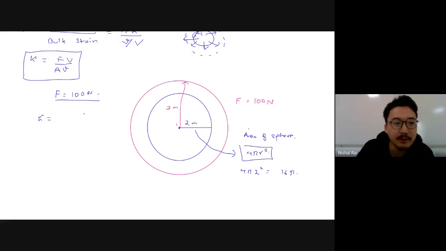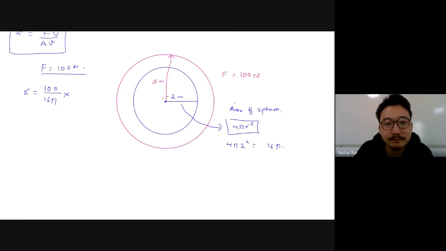So your pressure will be, force is 100 Newton, area is 16 pi, and what is your volume? Volume is 4 by 3 pi r cube, which is 4 by 3 pi into 2 to the power 3. 4 8s are 32.